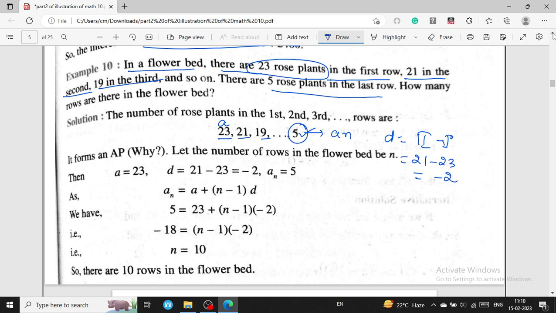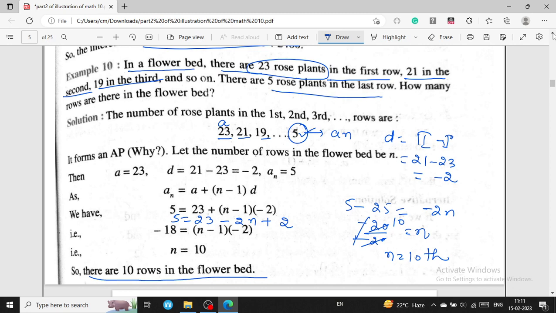Now substitute these values in the formula AN is equal to A plus N minus 1 D. AN is 5, A is given 23, and we have to find N minus 1, and D is found to be minus 2. So 5 is equal to 23 minus 2N plus 2, and 5 minus 25 is equal to minus 2N. Minus 20 over minus 2 is equal to N. Minus cuts with minus, 2 times 10 is 20. N is equal to 10. We can say that there are 10 rows in the flower bed.